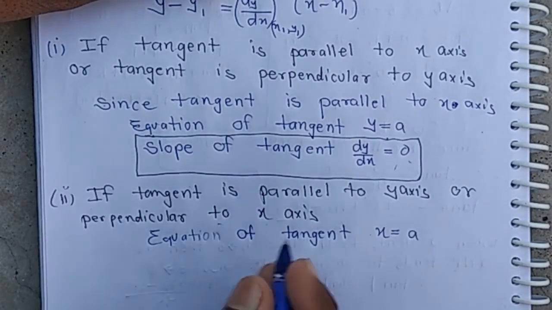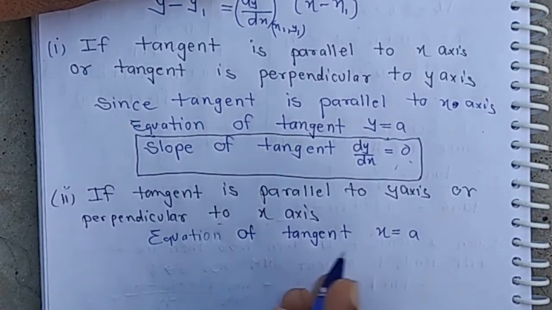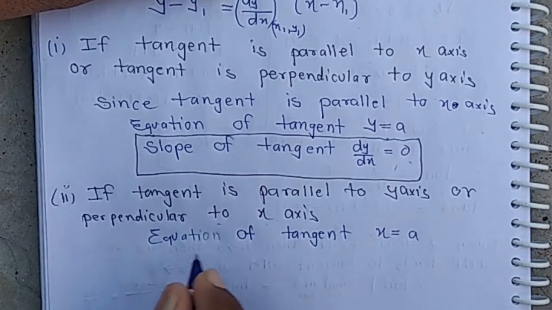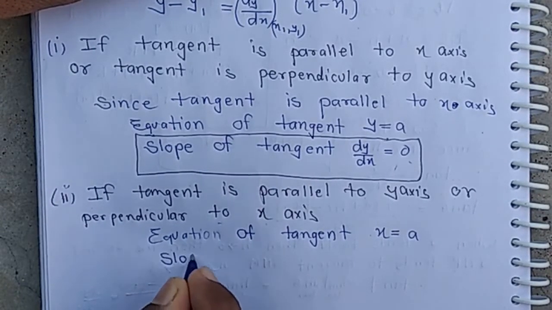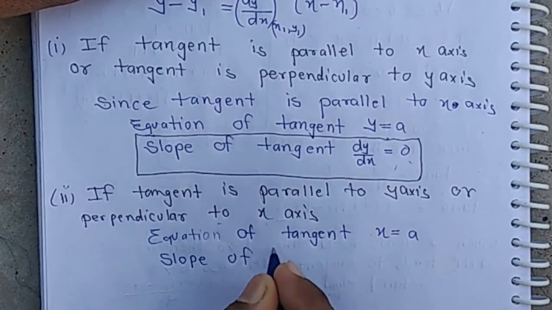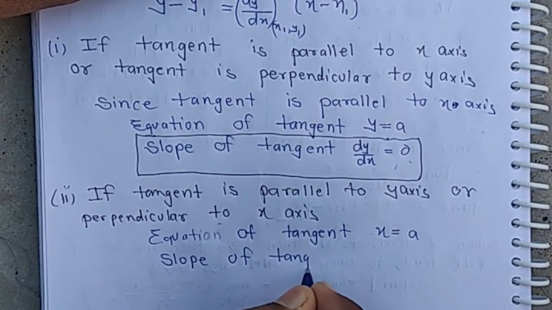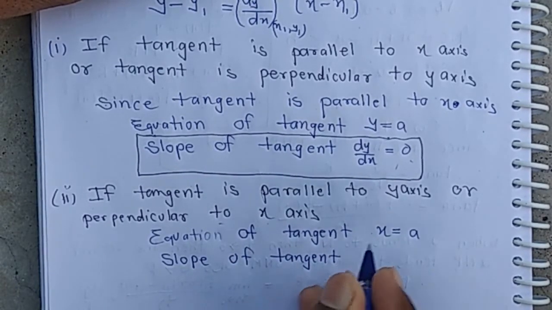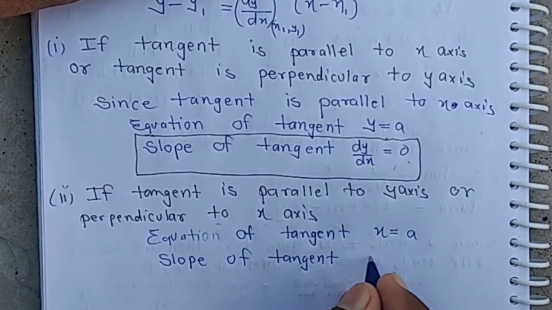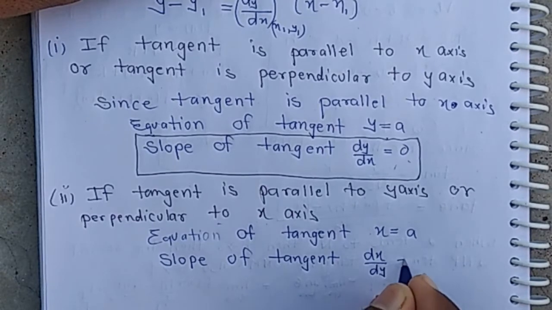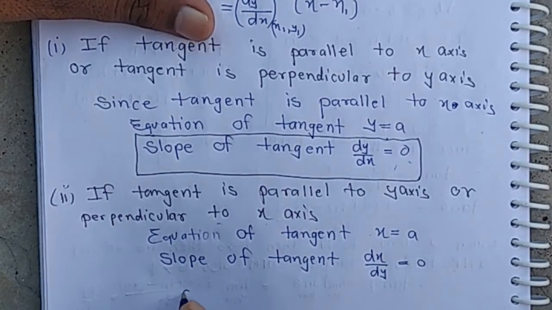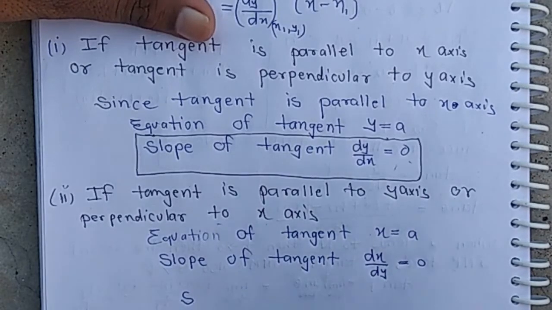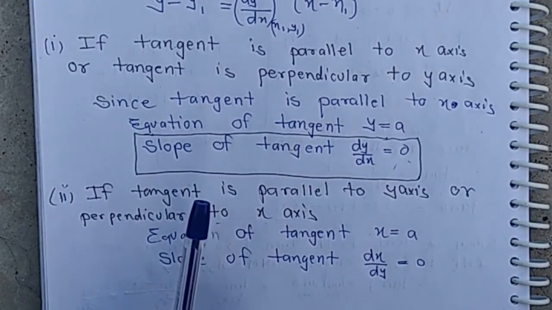Differentiating it with respect to y, we get dx by dy equal 0.